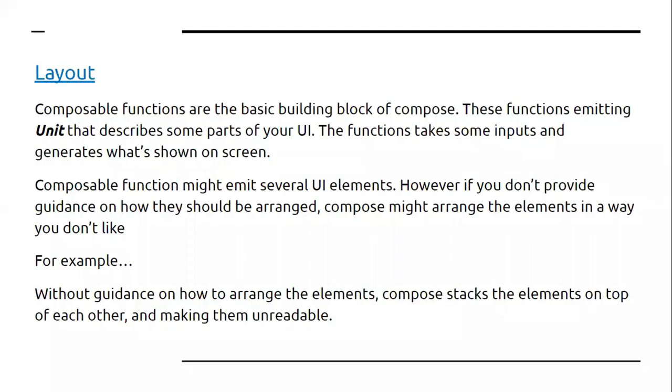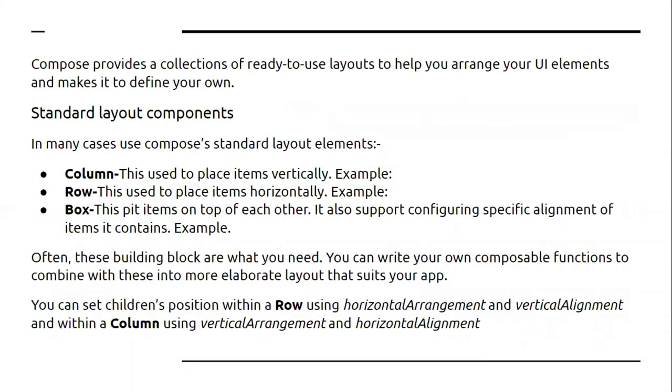In order to arrange this, Compose provides a collection of ready-to-use layouts to help you arrange your UI elements, and it also helps you to define your own. Sorry, I think I made a mistake here.